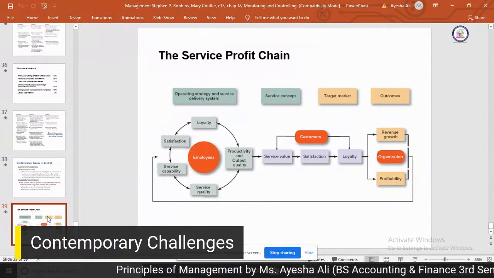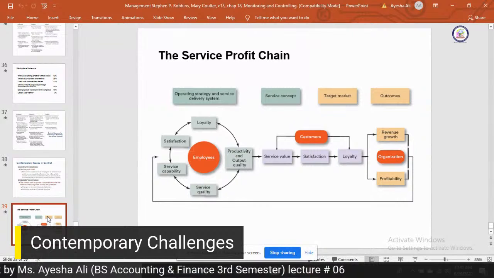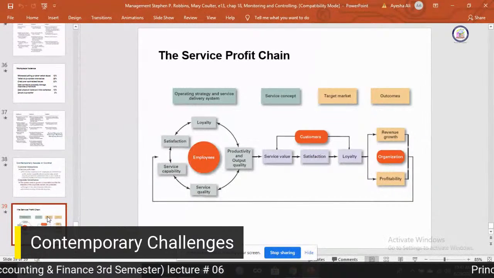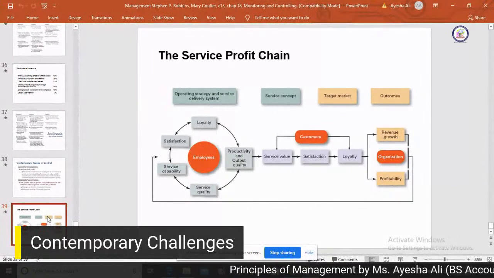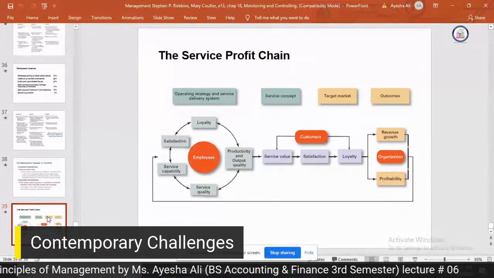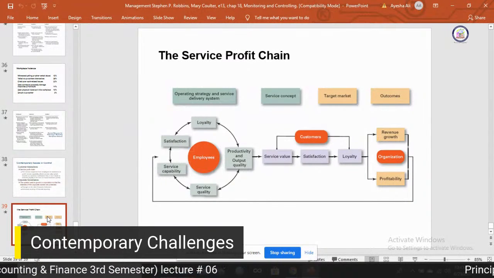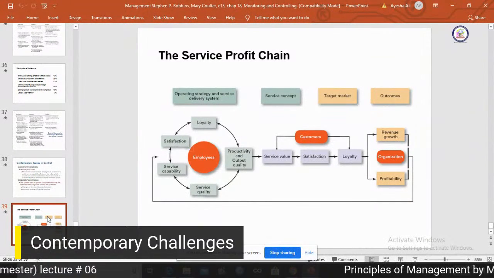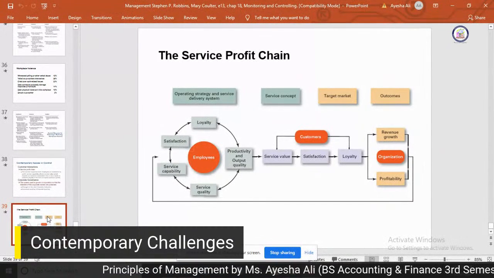They are purchasing again and again from the organization, which gives good services or satisfies them. So it's a chain in which each depends on the other, and it's all about the controlling and monitoring chapter.